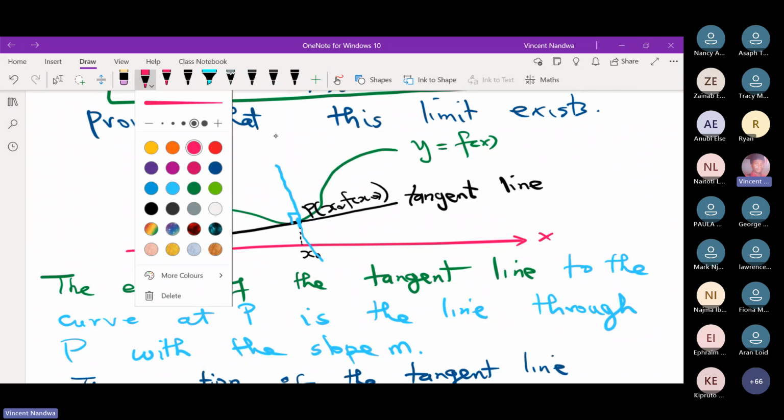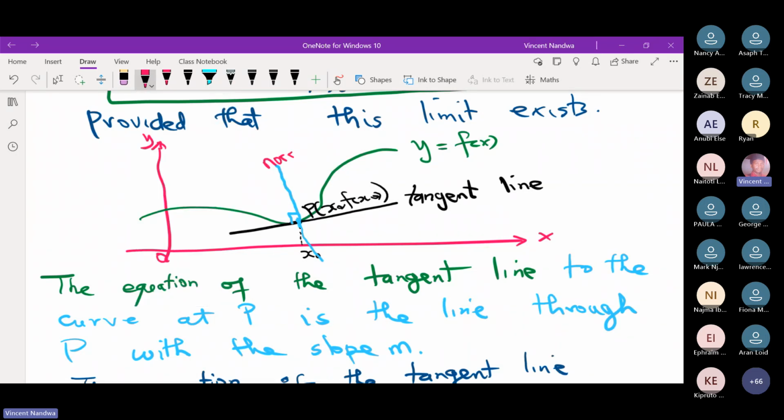Normal, correct. So this is called normal or normal line.